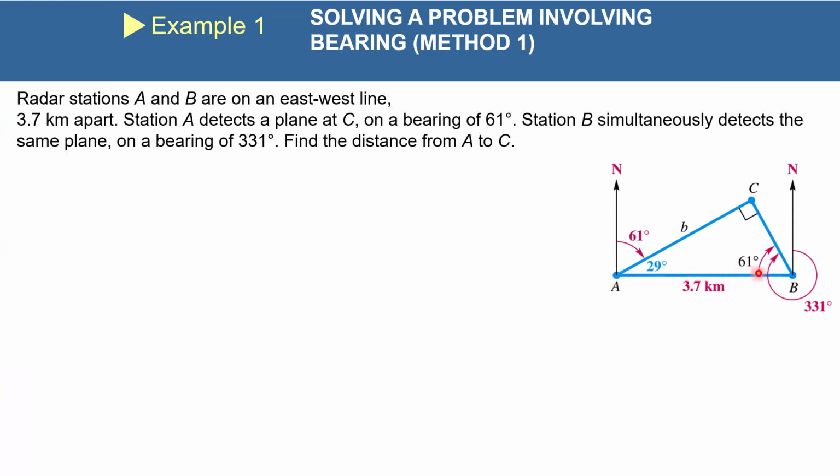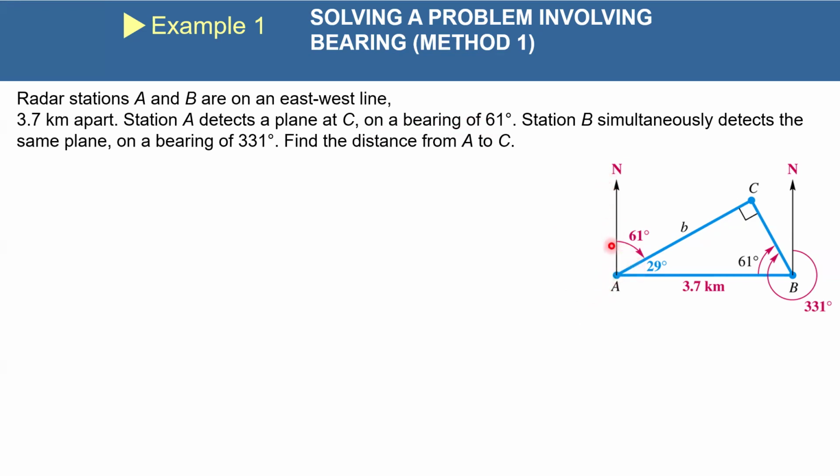Are you good with A and B being here, based on the fact that it says east-west? The next thing it says is that they're 3.7 kilometers apart, so I labeled it 3.7. Then it says station A detects a plane C on a bearing of 61 degrees. Your bearing comes from identifying your location, starting at the north and going that number of degrees away, clockwise.